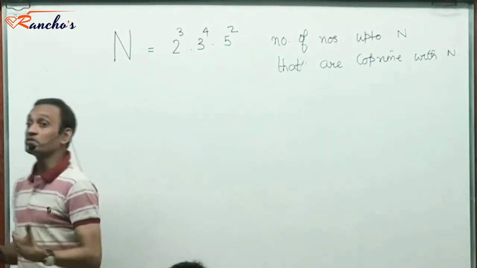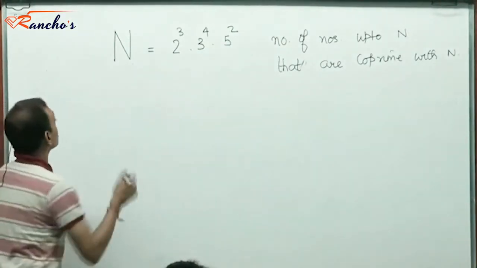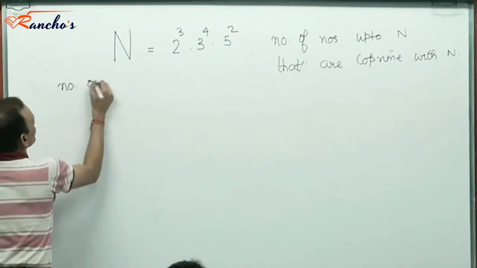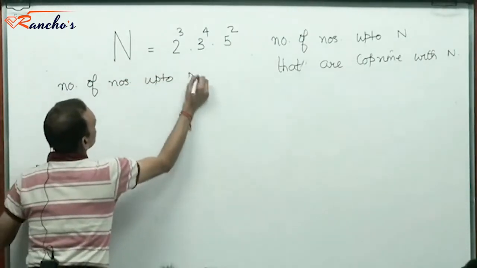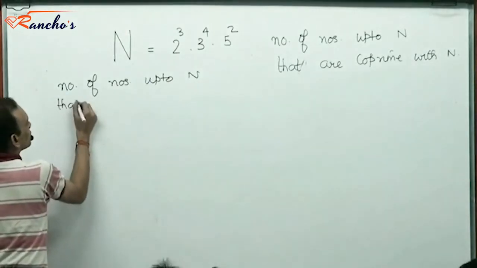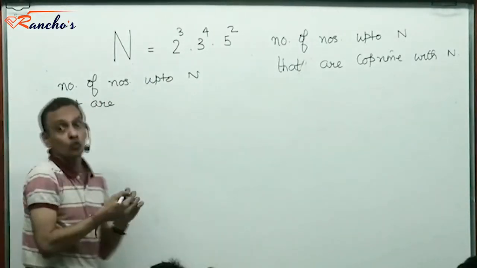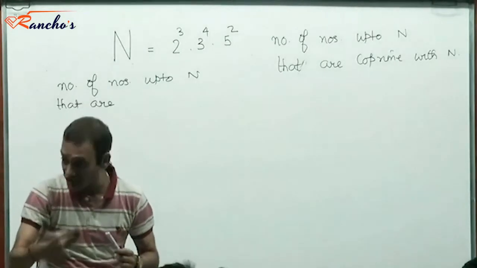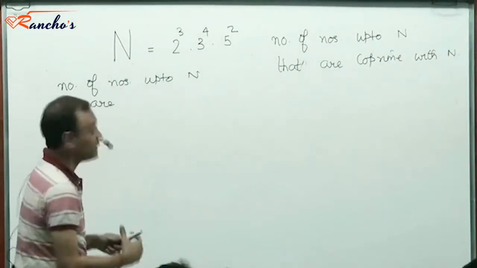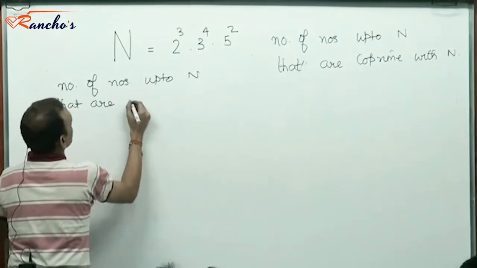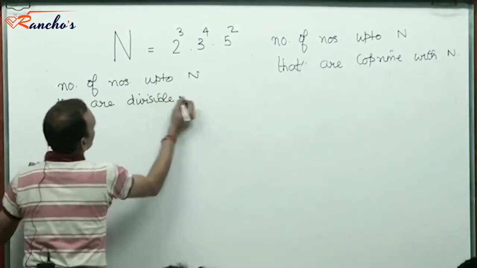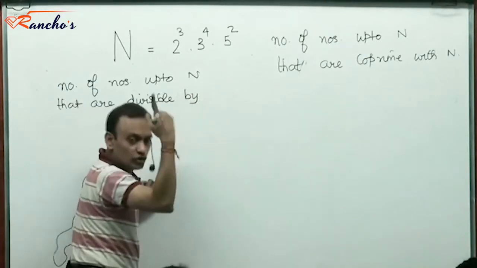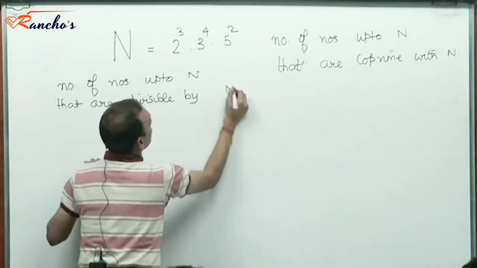So now number of numbers up to n having a factor 2, that means those that are divisible by 2, up to n that are divisible by 2. That means we'll have a factor 2, it is n by 2.